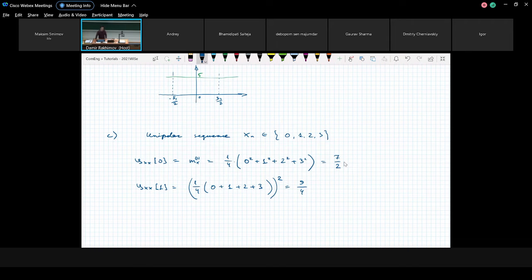Transmit a very long sequence of symbols, and if you take symbols from different positions and calculate the correlation, they will always have correlation between these two symbols. Because in general, you have a unipolar sequence, it means that you have DC. You spend power to transmit the DC component.